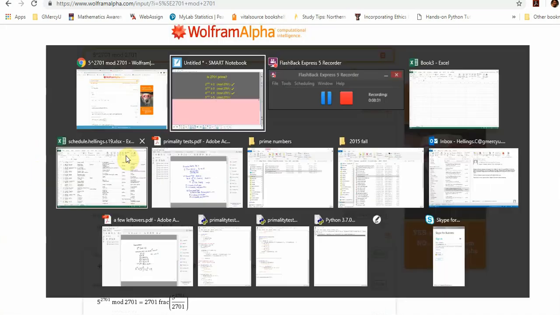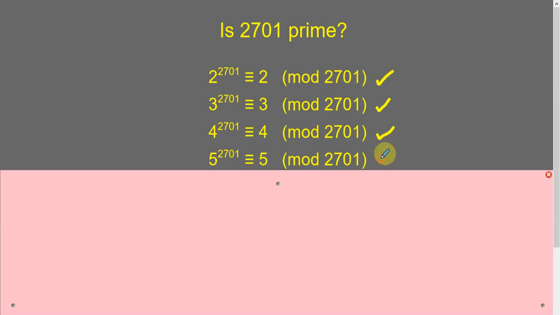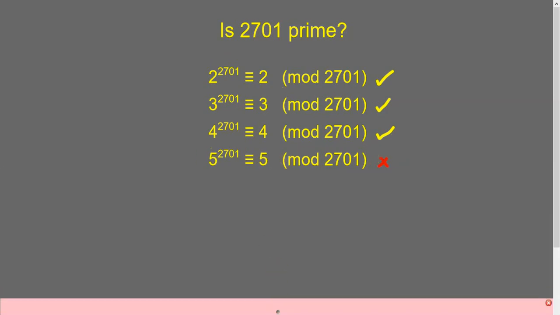So no. All right, so it passed the first 3. So 2701 is a pseudo-prime for base 2, a pseudo-prime for base 3, a pseudo-prime for base 4, but it's not a pseudo-prime for base 5. We caught it, and so we actually know now that 2701 is composite.